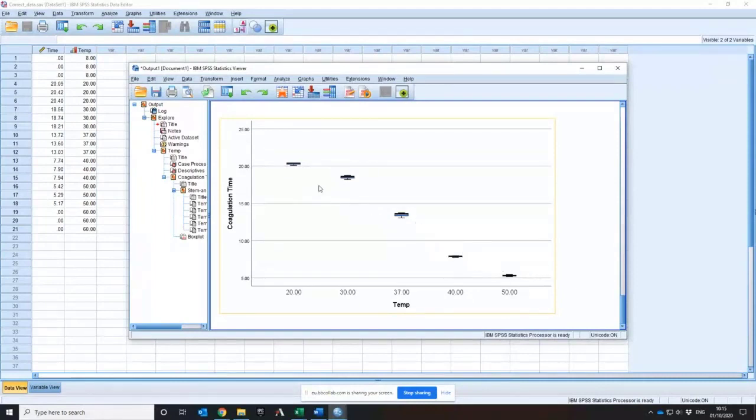So it has a point of inflection, I suppose. It's flattish S and then flattening out at the bottom. So you can see instantly, just by that analysis, that you've got a dependency of coagulation time based on temperature. You can see the relationship, and you've got all of the analysis you wanted to do in one place. You could stick there. That would be enough analysis for your project.